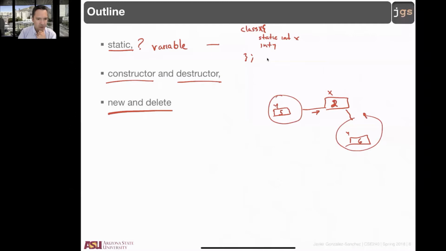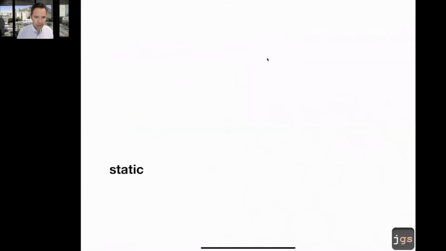I mentioned before, new is our new malloc, and delete is going to be our equivalent to free. Malloc and free for C, new and delete for C++. We need to review examples of those 3 things for today. Good. Now, starting with the static.